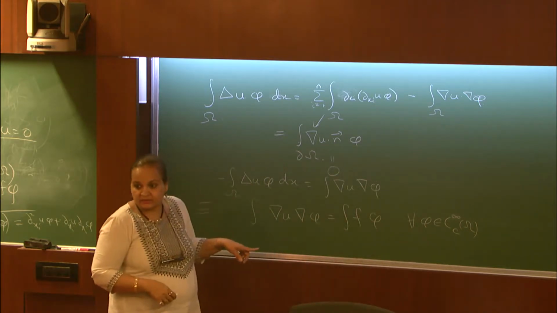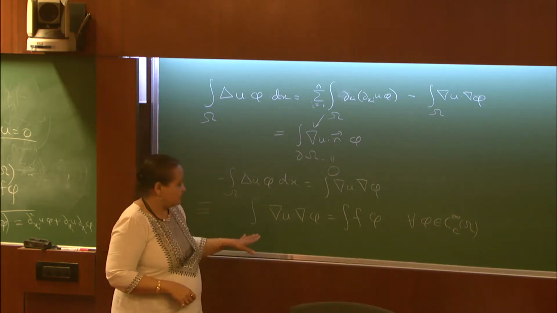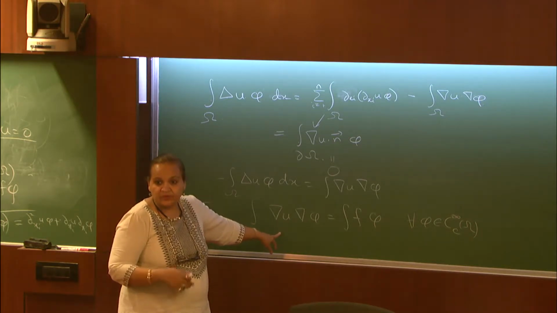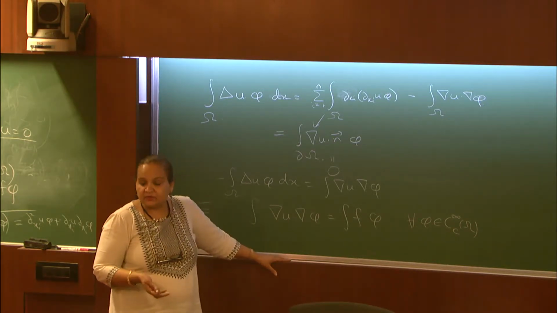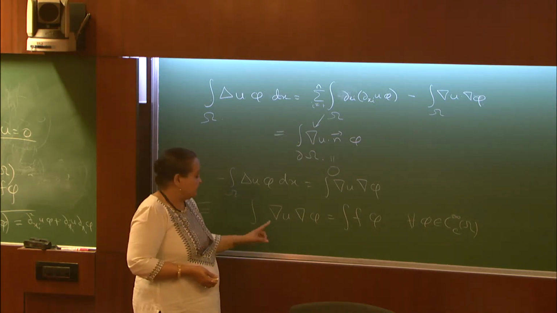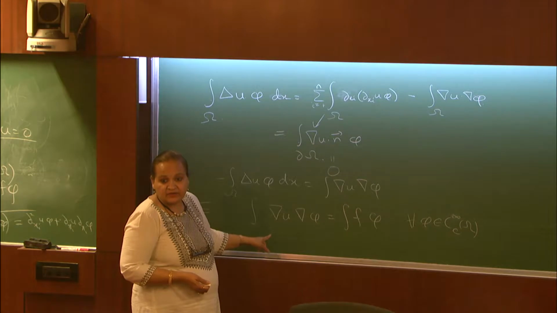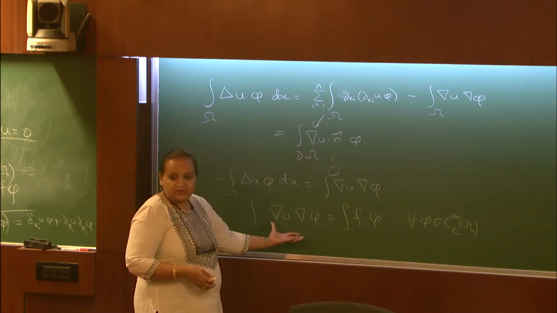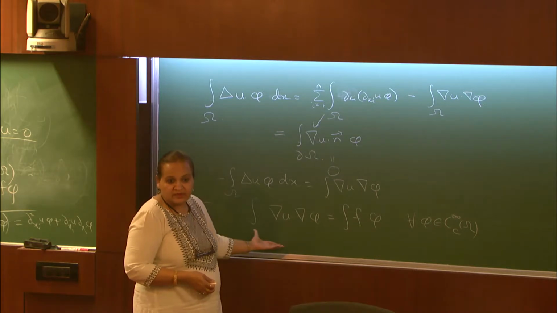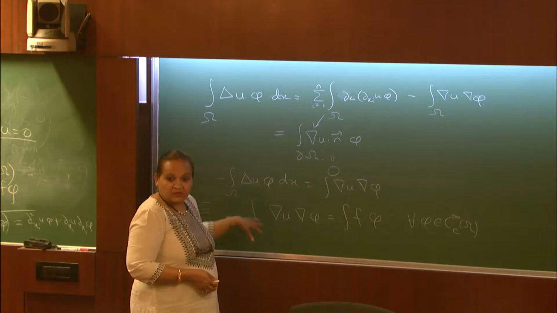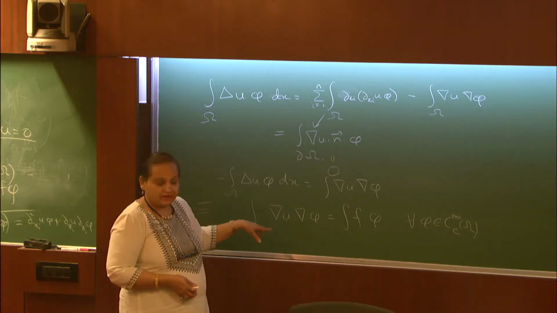One can calculate this. And now we see we no longer require our u to be C2, we can just require that the integral of gradient u is finite. Alright. So usually you want to apply Holder's inequality, so if the L2 norm is finite, all these quantities are going to be fine.